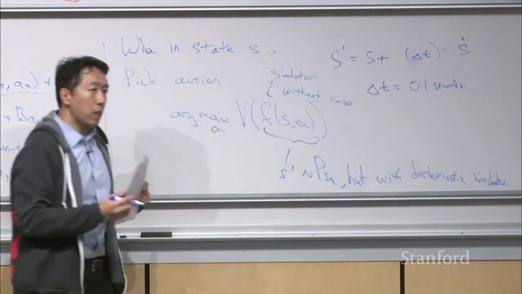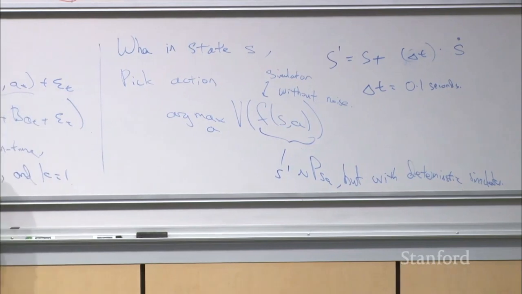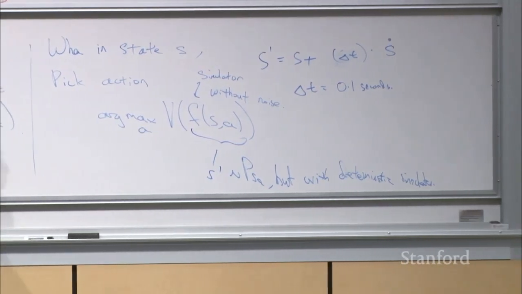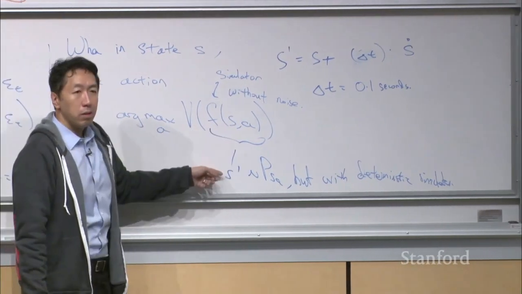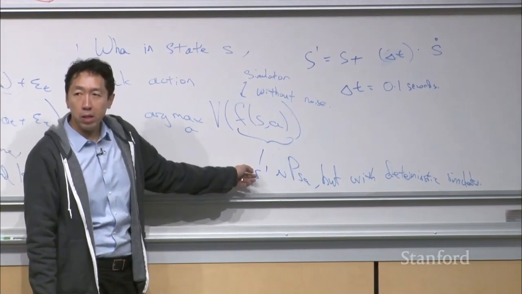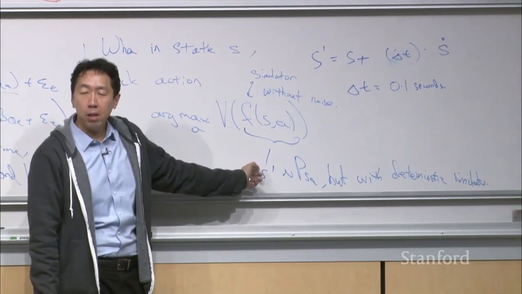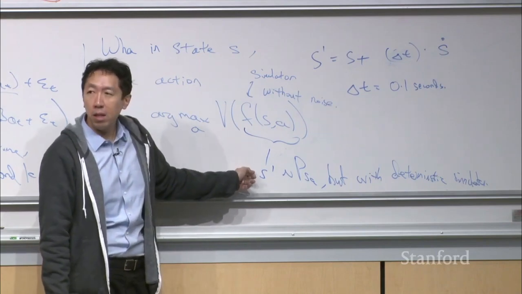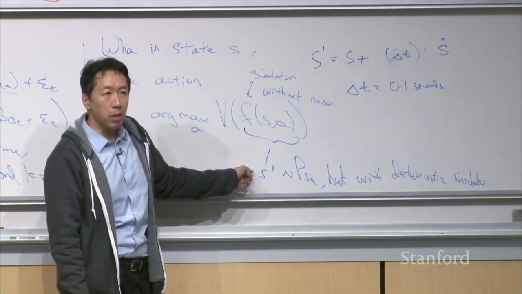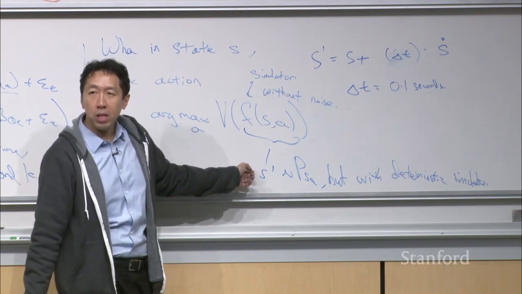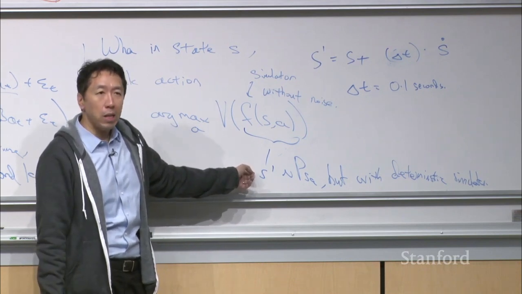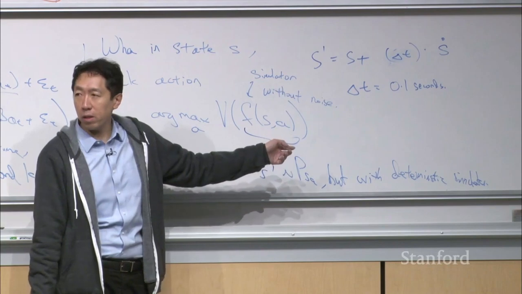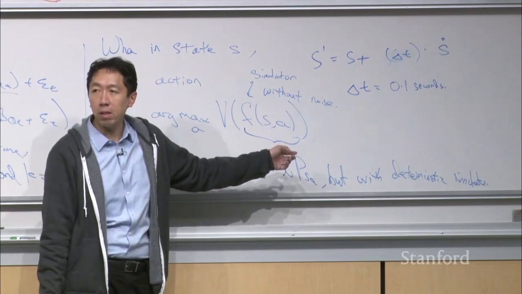Right? So every 10th of a second, you could, in your simulator, try out every single possible action. Use your simulator to figure out where you would go under every single possible action, and apply your value function to see, of all of these possible actions, which one gets my helicopter, in the next 1/10 of a second, to the state that looks best according to the value function you've learned from fitted value iteration.